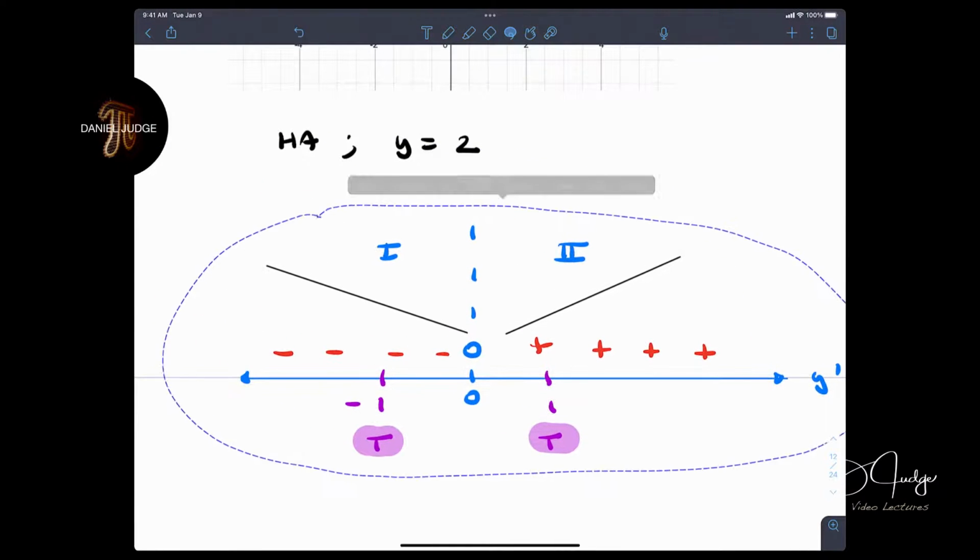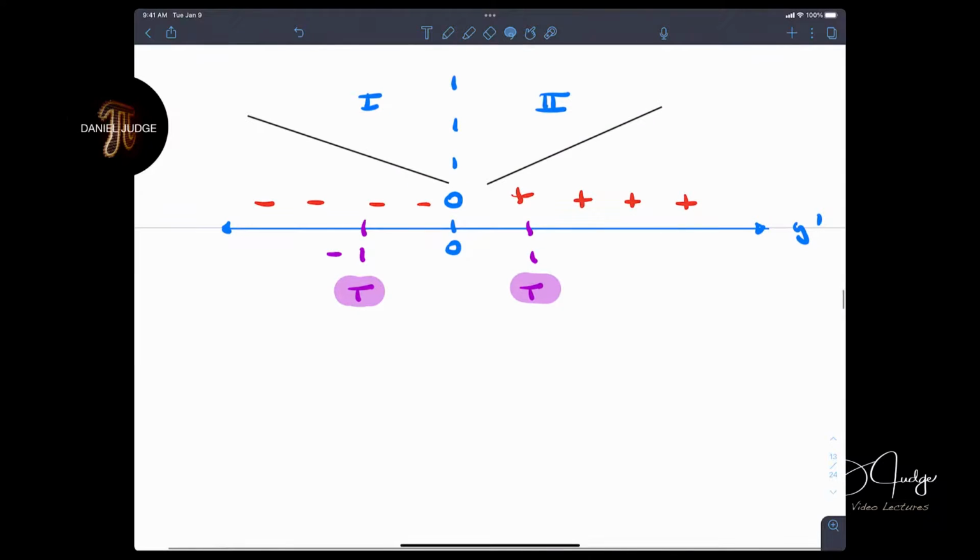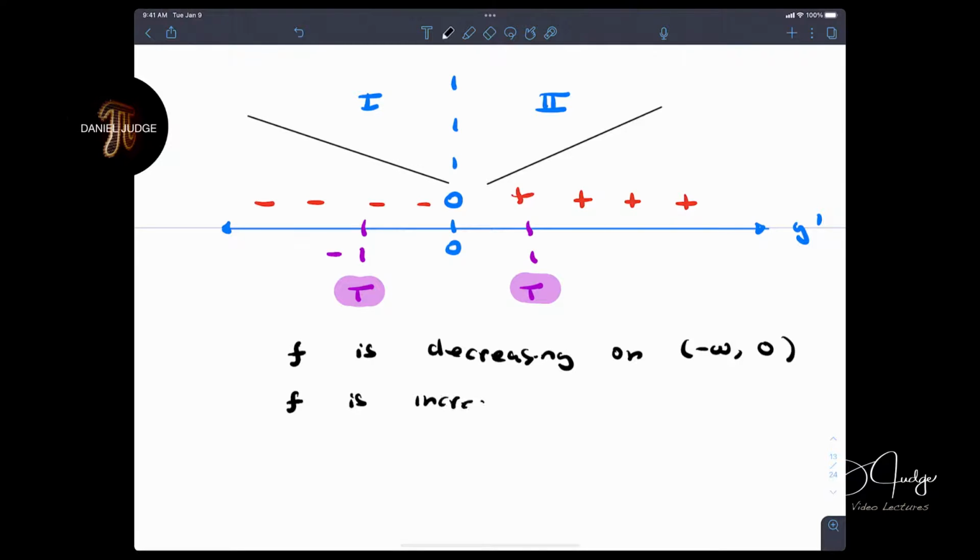Okay, let's do some conclusions here. This means the function is decreasing on the interval negative infinity up to 0. F is increasing on 0 to infinity.